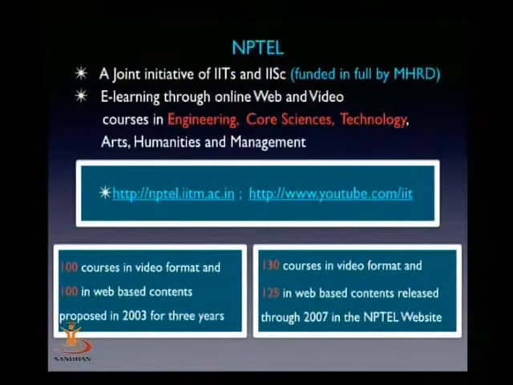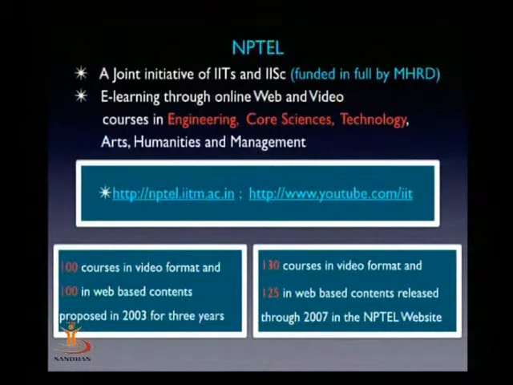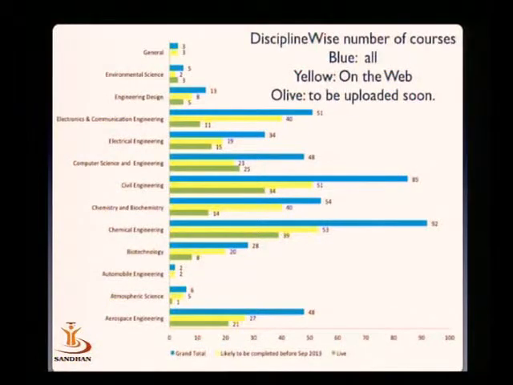In the beginning, there were 100 courses in the video format and 100 courses in the web-based format. At the end of the first project period of about 4 years, all the institutions and more than about 300 professors created about 130 courses in the video format and 125 courses in the web format, and they are available on the website. There's a bar chart here which keeps changing pretty much every week depending on the availability of faculty and their commitment.